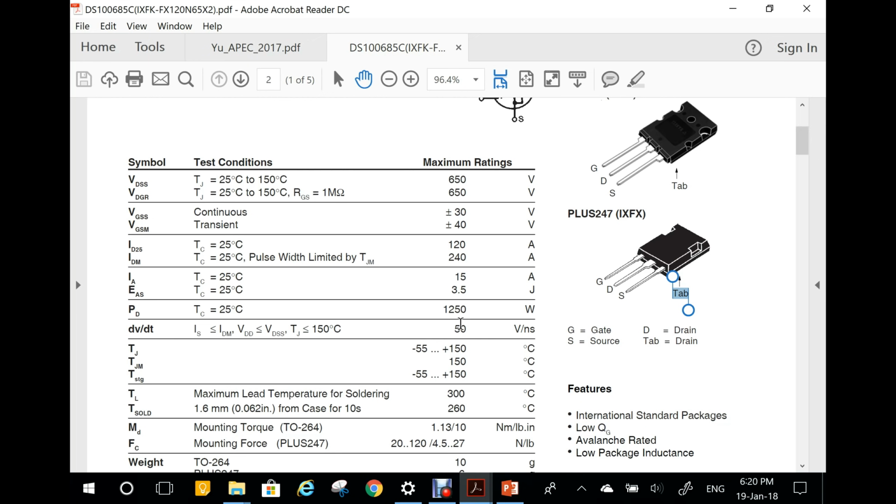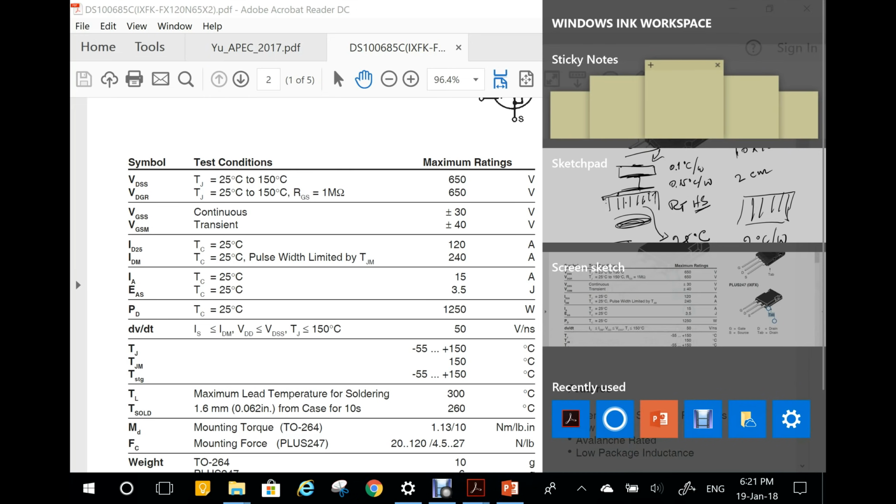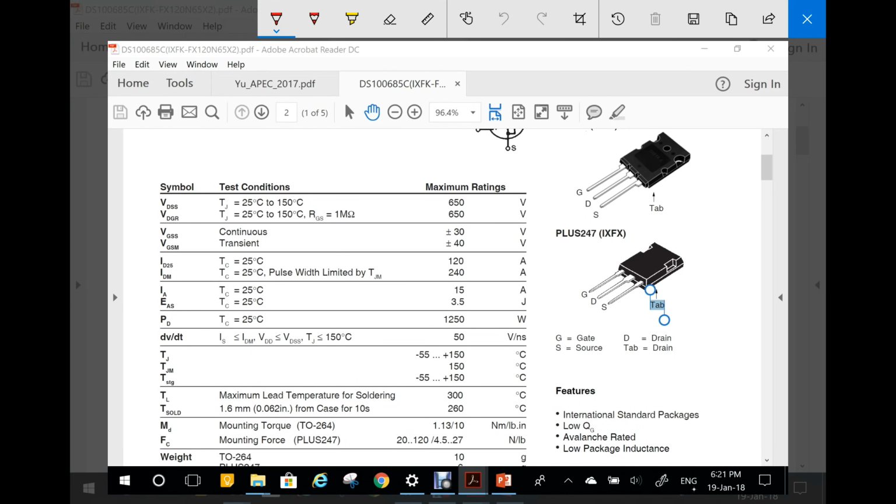Okay, let's move on now to the next parameter, which is dVdt. And this parameter, here it is, tells us the following. Well, again, let's have a look at the condition up to 150 degrees, voltage not exceeding VDSS, of course, and let's stop here.